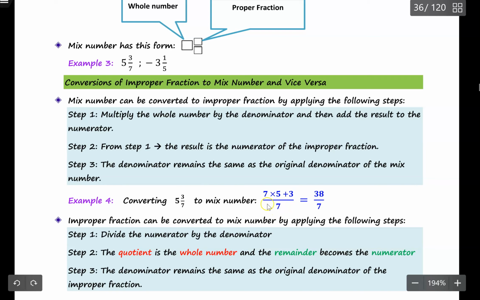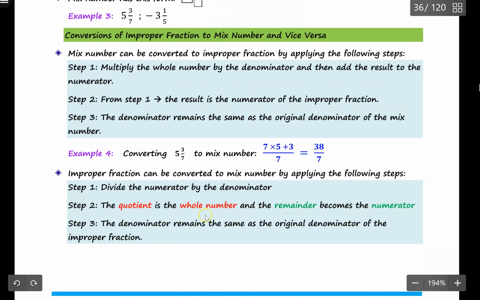You keep the denominator the same, and then you perform the order of operations. You get 38/7. This is how we convert a mixed number into an improper fraction without pressing a simple button on the calculator, which I will show everyone in a minute.